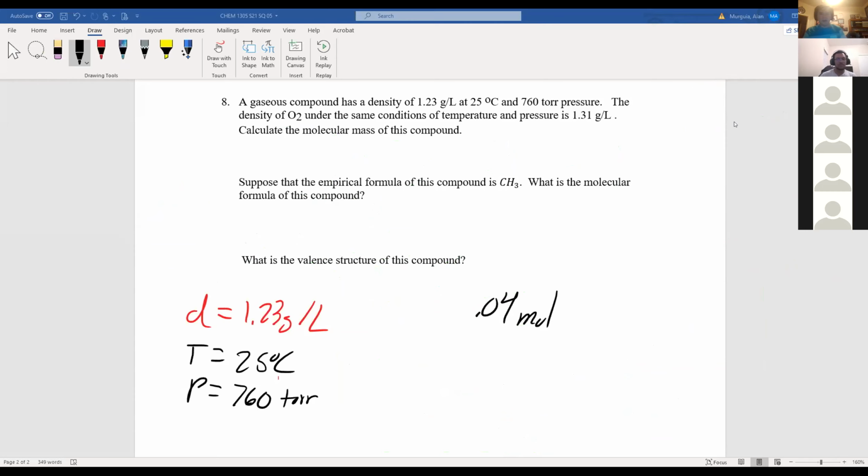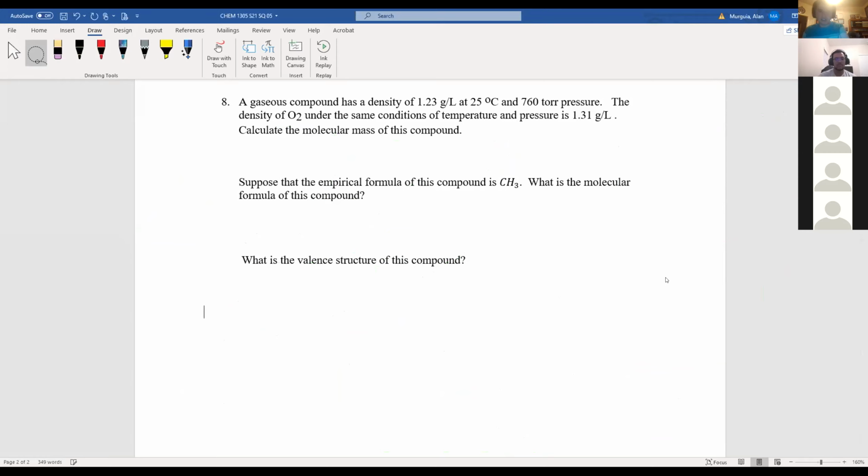Perfect. So right here, if we suppose that the empirical formula of the compound is CH3, what would be its molecular formula? What was the mass that we got from here, first of all? From before? 30.75.